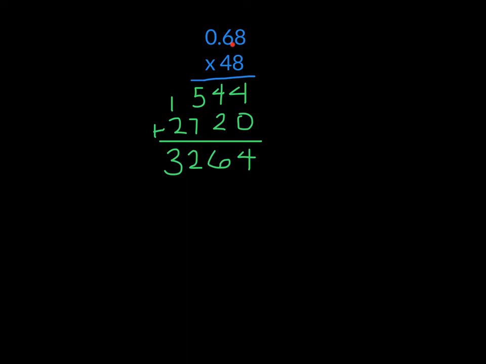I have 2 spaces behind the decimal. So now I must have 2 spaces down here as well. So I start 1, 2. So my decimal is going to go right here. And then our answer now becomes 32.64. Our estimate was 35, so 32.64 is pretty close to our estimate.